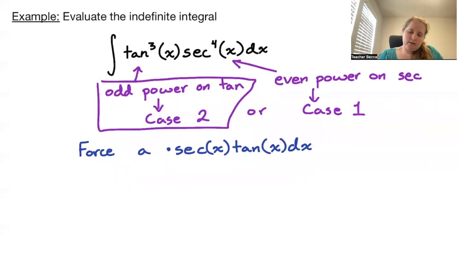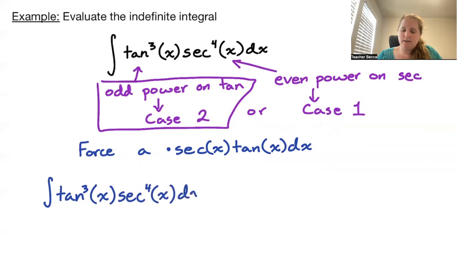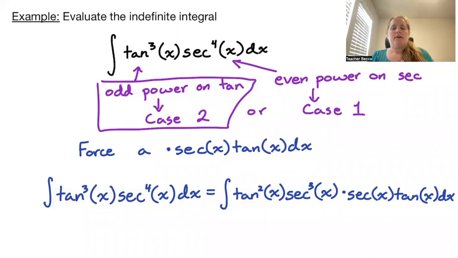So we are looking at the integral of tan cubed of x times secant to the 4th of x dx, which is equal to the integral of tangent squared x times secant cubed x times secant x tangent x dx. And we have the integral of tangent squared times secant cubed times secant x tan x dx.